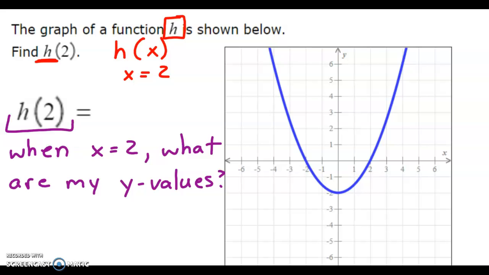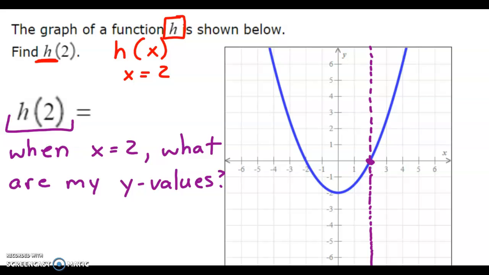So your x is equal to 2 right here. So you're looking at all the places where x is equal to 2. X is equal to 2 on that vertical line going through 2 on the x-axis. These are all the different places x is equal to 2. You okay with that? That purple line?